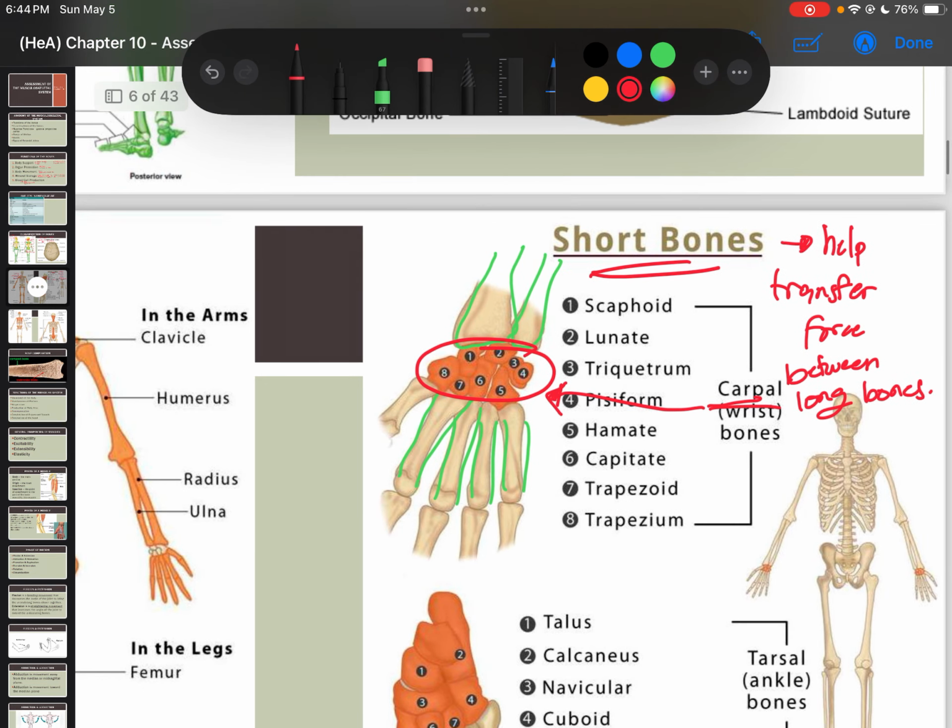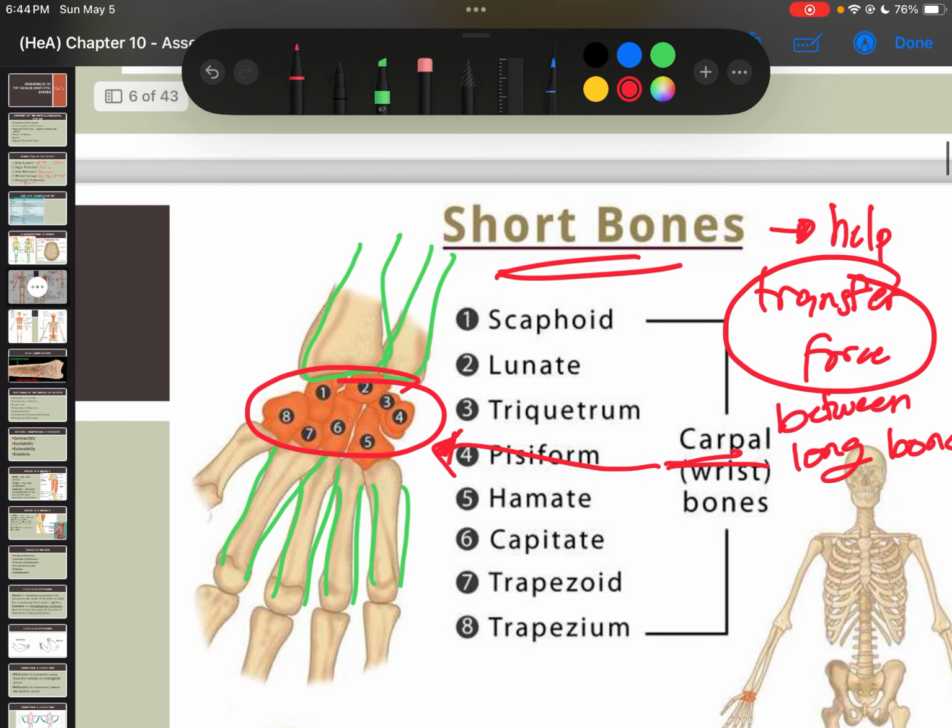The reason why they are there is because they help transfer force. They act as a sort of shock absorber. So when you fall down and land on your hands, the long bones will not take the force.